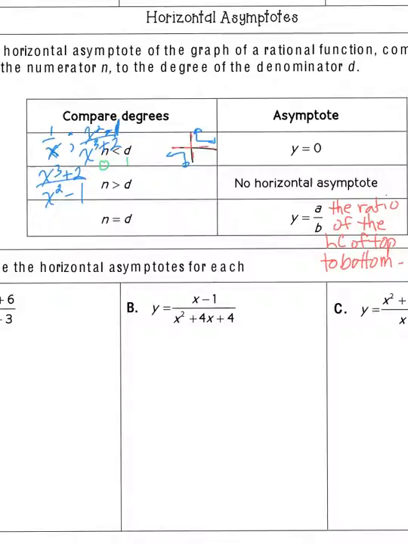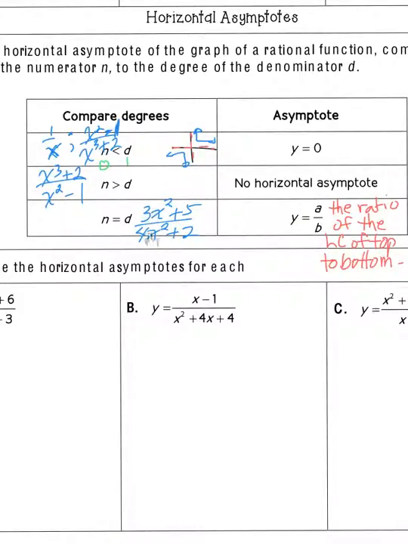Then, what if the degree of the numerator is exactly equal to the degree of the denominator? That might look like 3x squared plus 5 over 4x squared plus 2. Now the degree of the numerator is 2 and the degree of the denominator is 2, so they are exactly equal.